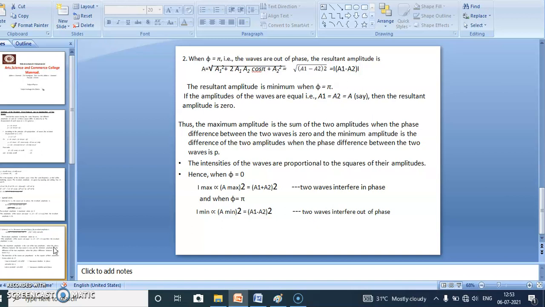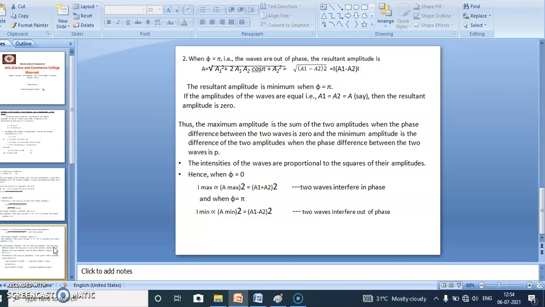This equation A is equal to under root A1 squared plus twice A1 A2 cos phi plus A2 squared becomes under root A1 squared minus twice A1 A2 plus A2 squared, and this is like (A1 minus A2) whole squared.